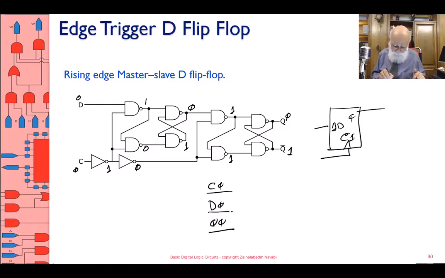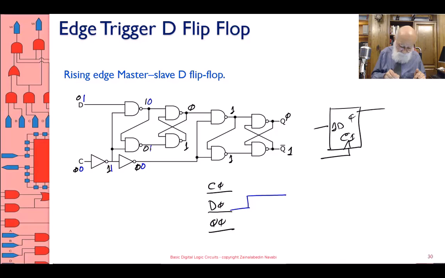And D is 0. Then what I'm going to do is change D from 0 to 1. Okay, I change D from 0 to 1. Clock stays 0, so this is 1, this is 0. D changes to 1. I have two 1s here, this becomes 0.